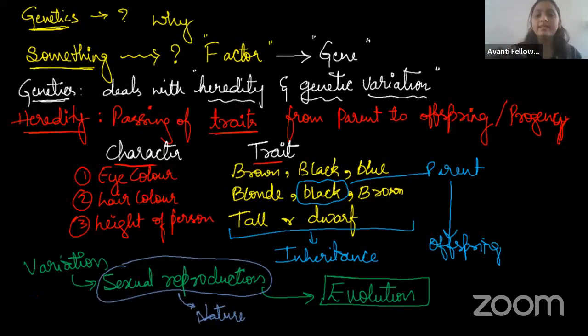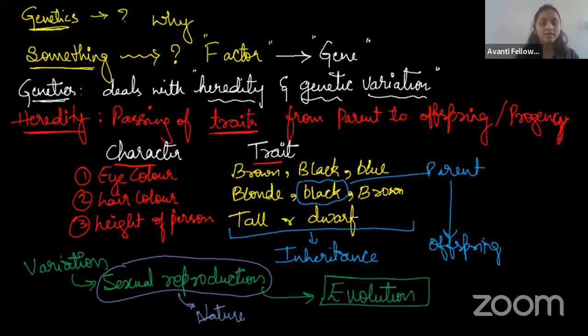Those things we call traits. My brown eye color is because the trait was transferred from my parent, and your black eye color is also due to your parent. That is what we call a trait. The character is not transferred, whereas the trait is passed from the parent to the offspring.